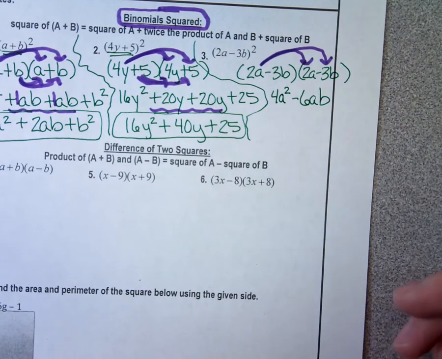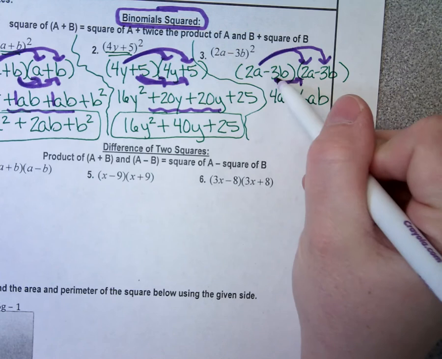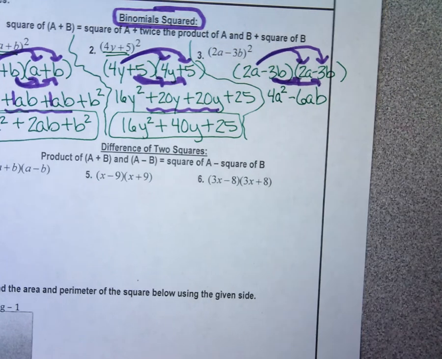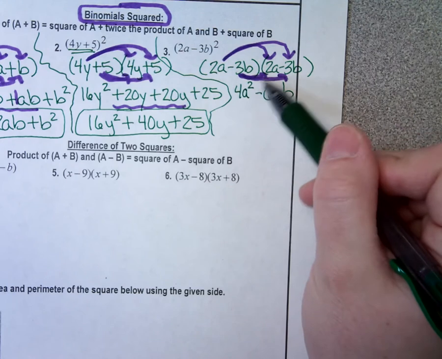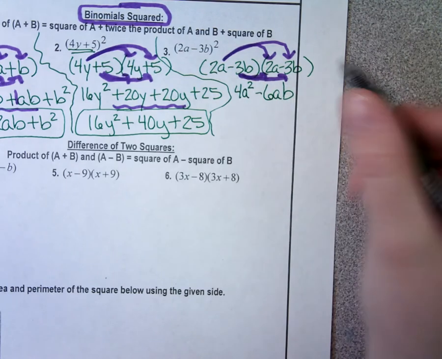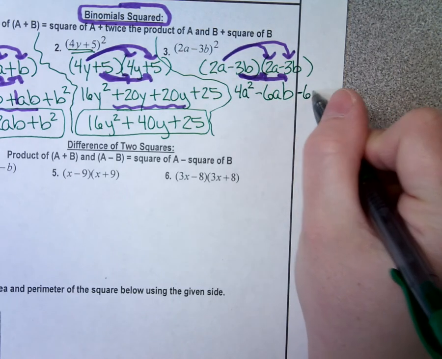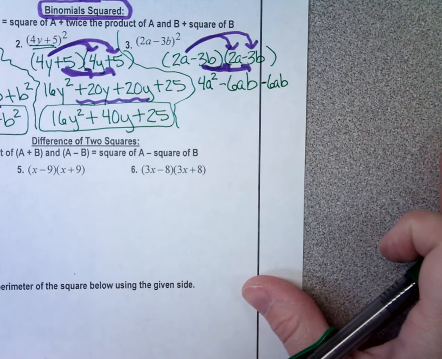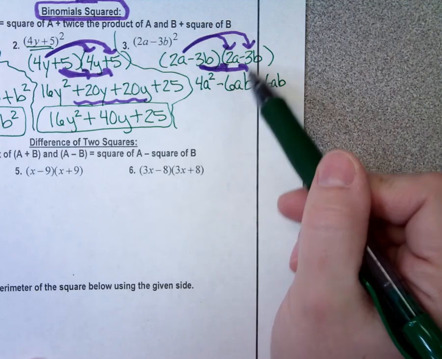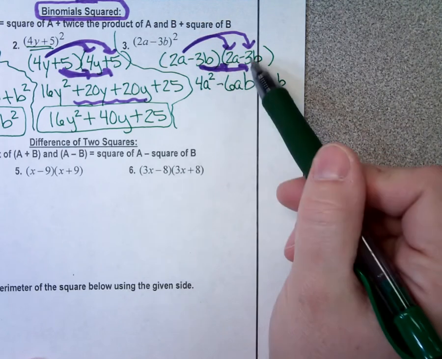Okay, now let's distribute the negative 3b with both things in the second set of parentheses. So negative 3b times 2a, what is that? A negative 6ab. Don't forget to put the letters alphabetical. And how about negative 3b times negative 3b? What does that give you?